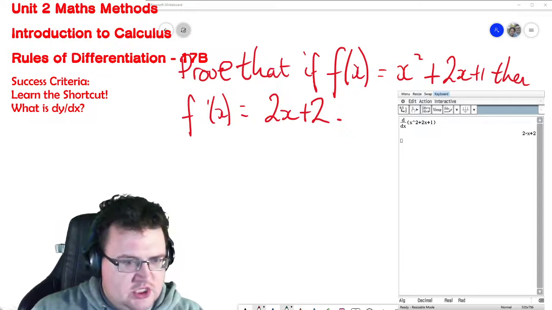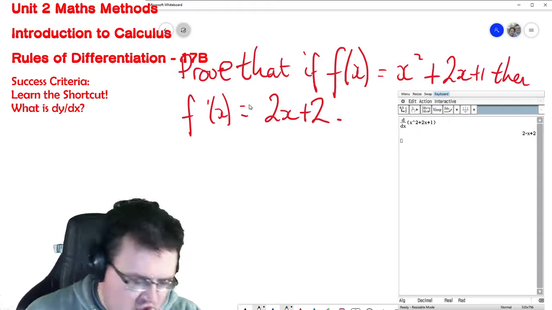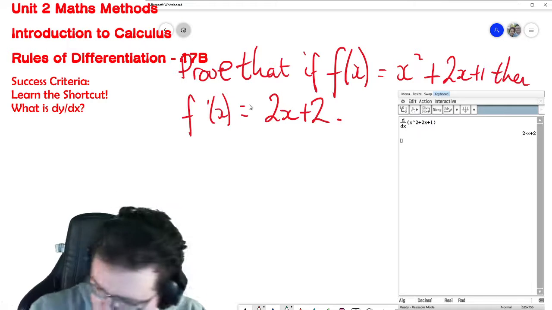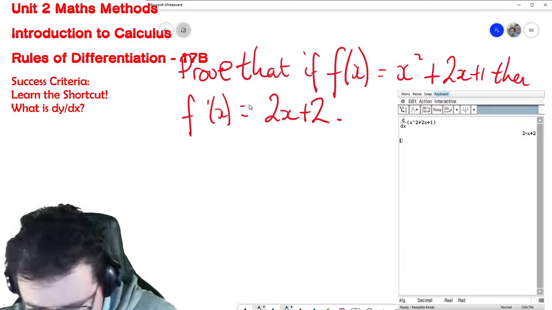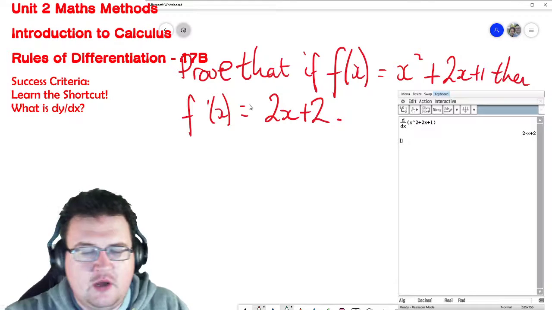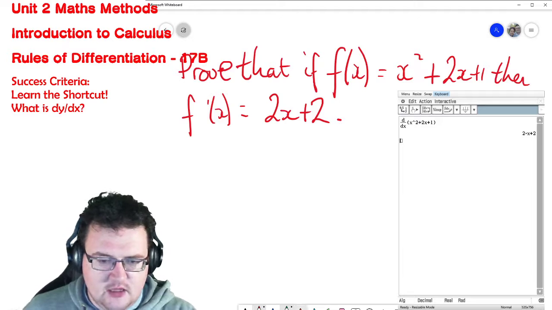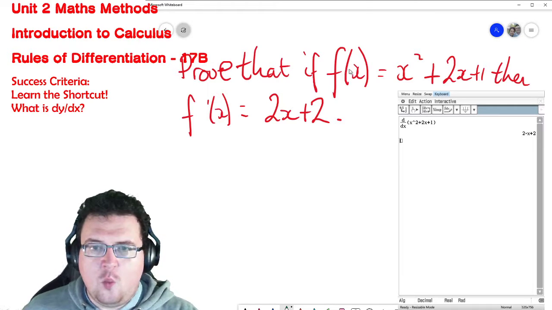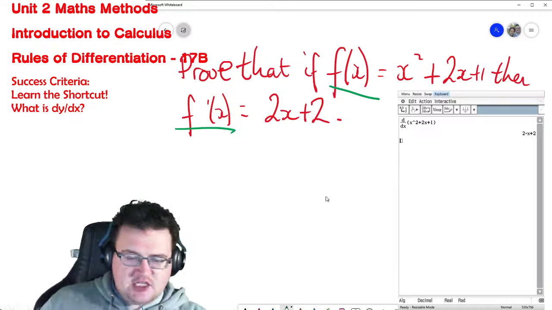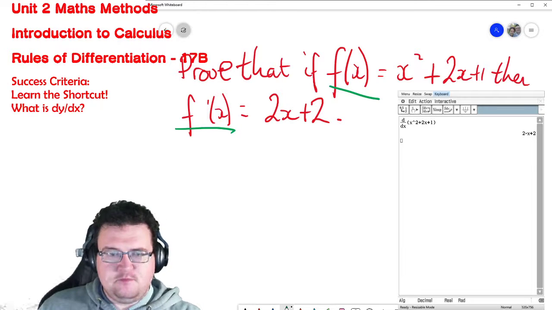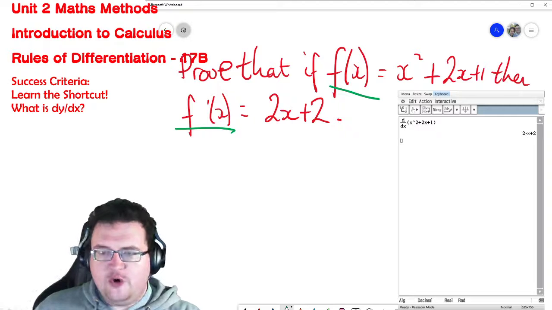All right, so what do you notice about how the equation is written? Well, comparing the two equations, if I look here, compare f of x and f dash x. Compare the powers. What are the orders of these equations to each other?